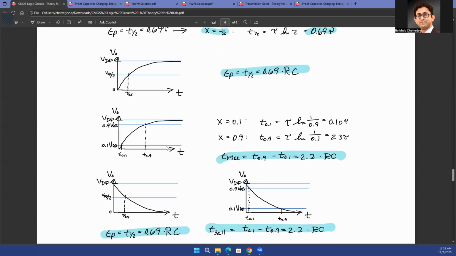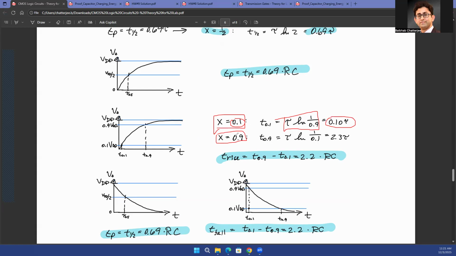All right. Similarly, you can figure out what would be the rise and fall times. For rise and fall times, you are interested in when x is equal to 0.1, because you're interested in 10% to 90%. So x equal to 0.1 to x equal to 0.9. So t 0.1 is going to be tau times ln 1 over 1 minus 0.1, that is ln 1 over 0.9, which will give you 0.1 tau.